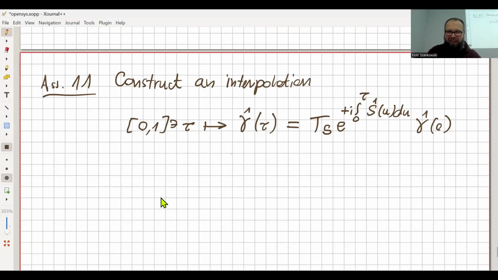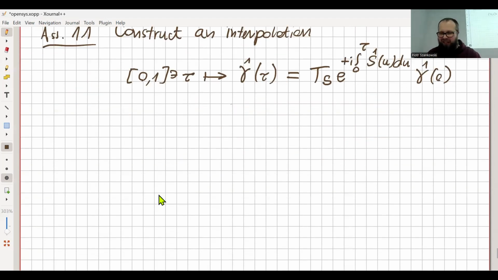This gamma is an interpolation between two unitary operators.